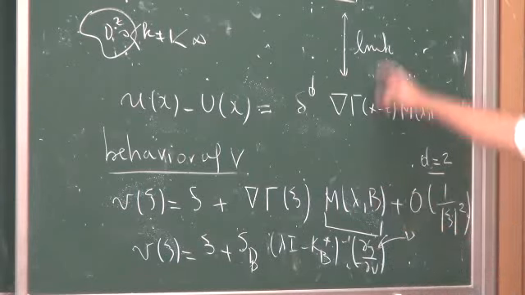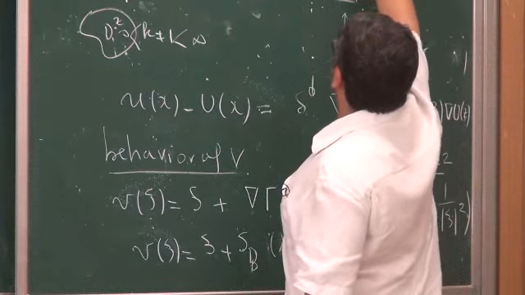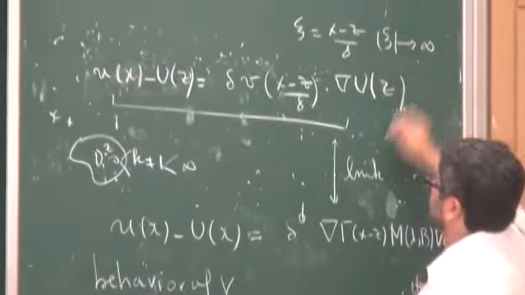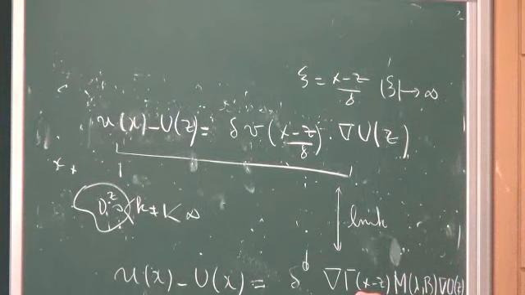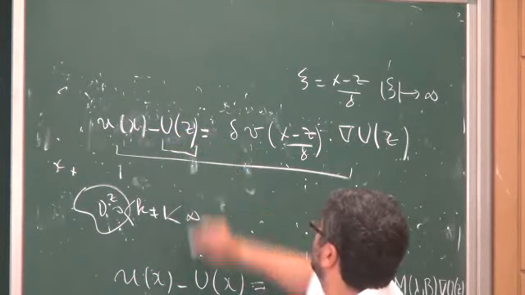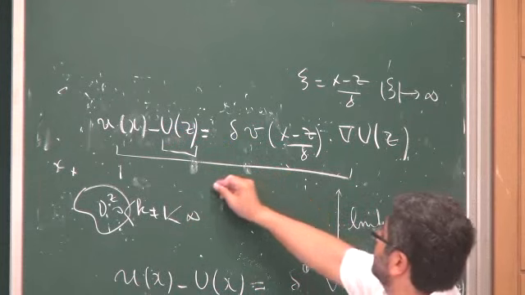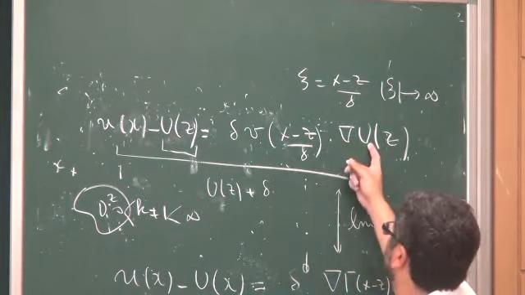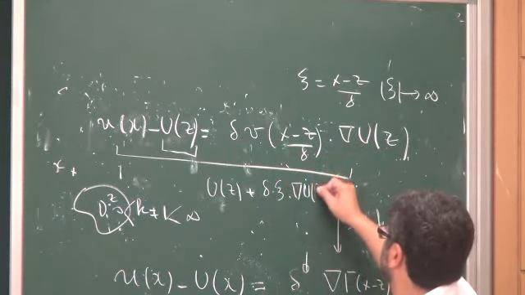You plug into this formula xi equal to x minus z over delta, and xi is large. This means that you are in the far field regime. You will get this formula, because here you have u at z plus delta xi times the gradient of u.